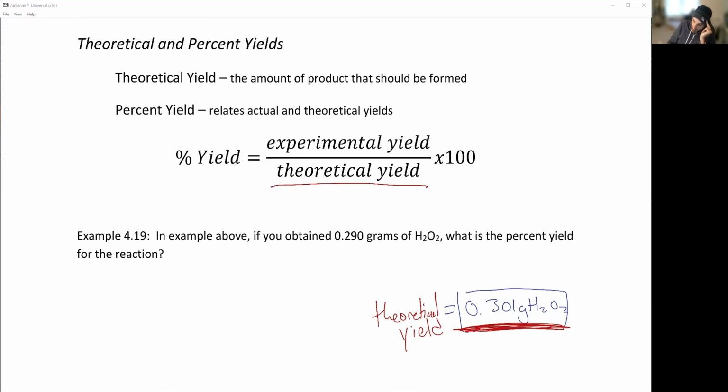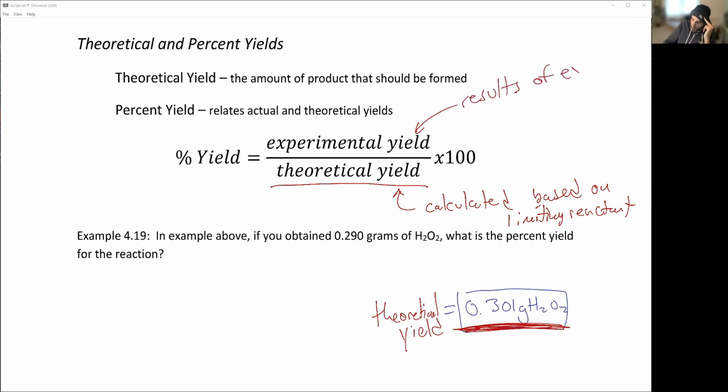So theoretical yield is going to be calculated based on the limiting reactant. Experimental yield is what you'd get from experimental, so the results of an experiment. There's plenty of reasons you get a smaller yield.